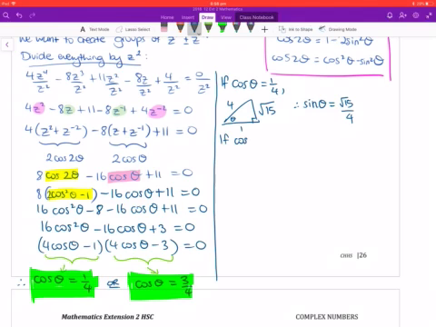And then the other one, if cos theta equals 3/4, draw up your right angled triangle, and adjacent is 3, hypotenuse is 4, so just do Pythagoras' theorem, that last side has to be root 7. Therefore sine theta has to be root 7 on 4, opposite over hypotenuse.